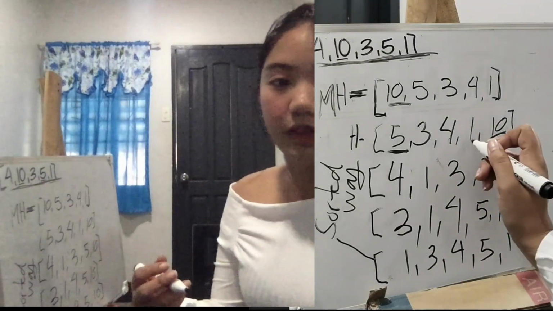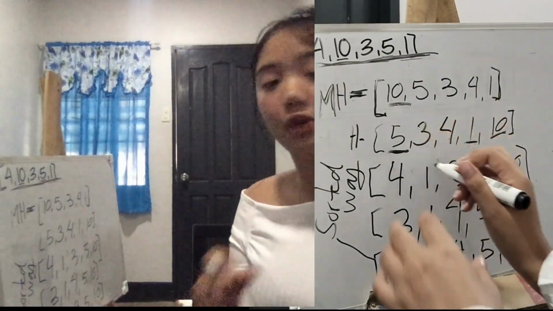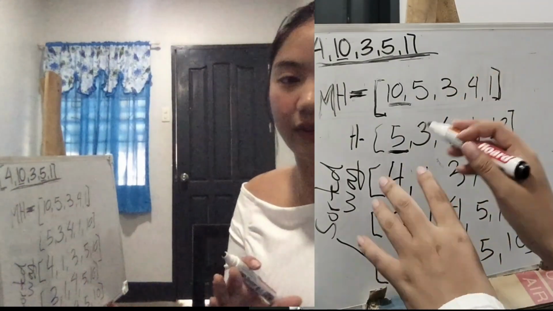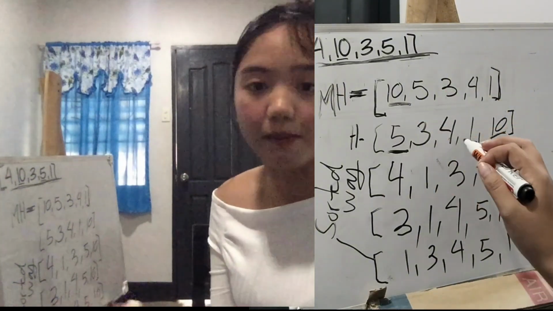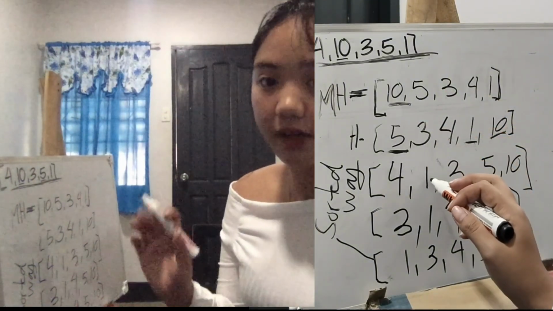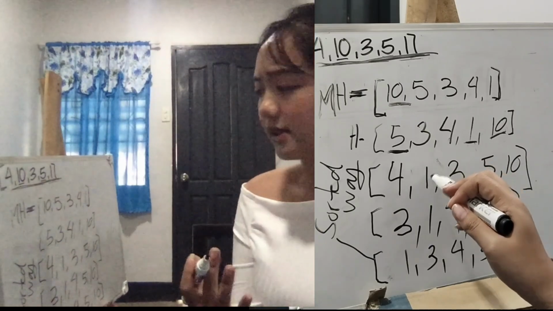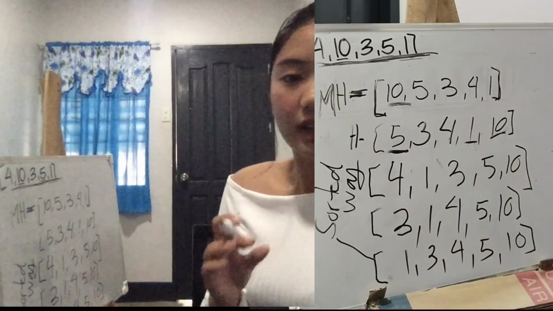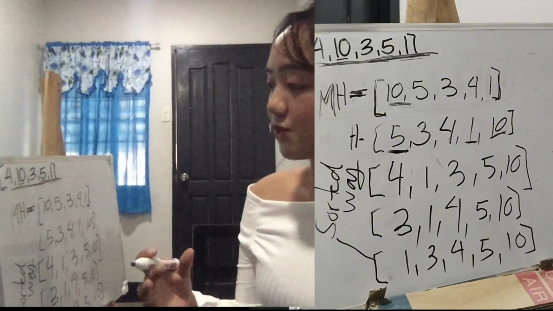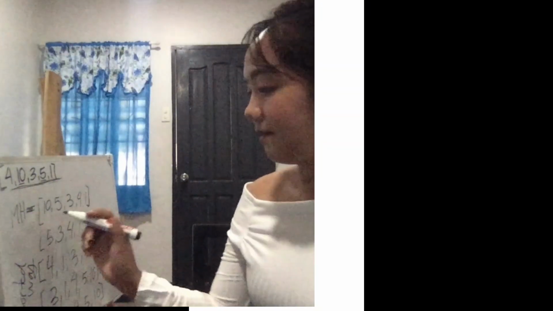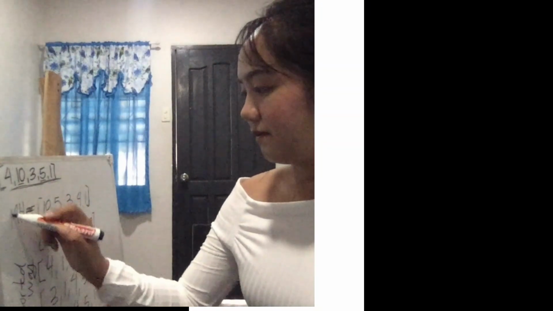So let's talk about heap sort. Heap sort is an efficient comparison-based sorting algorithm that uses a binary heap data structure to sort elements. First, we're going to build a max heap.